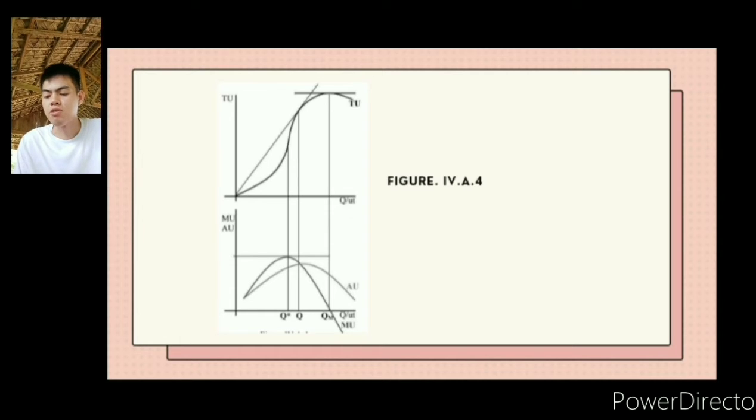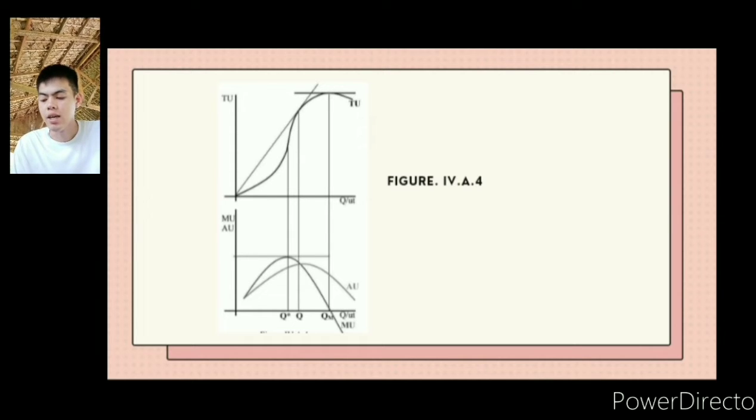And at this quantity amount, there is an inflection point in total utility, na makikita natin dun sa figure. At ito ay tumutugma dun sa marginal utility. While the average utility is at a maximum, they are equal.